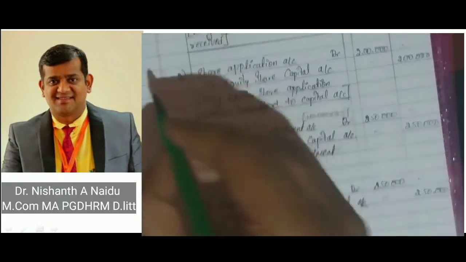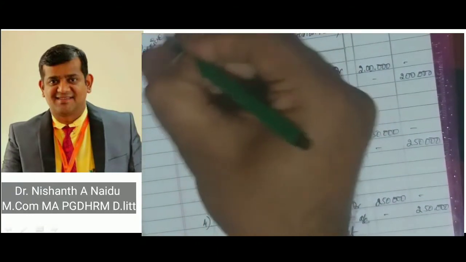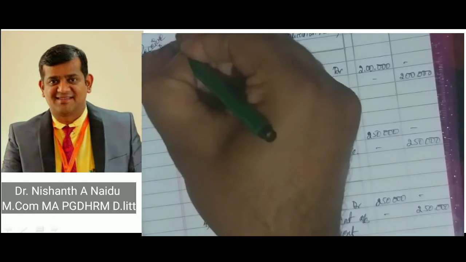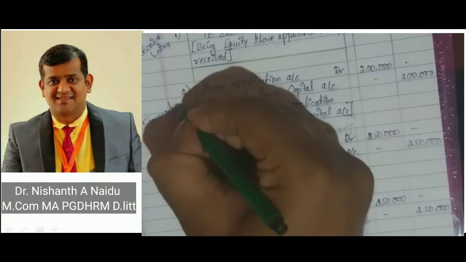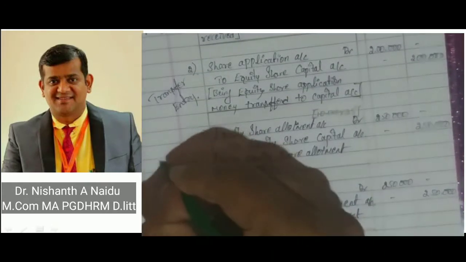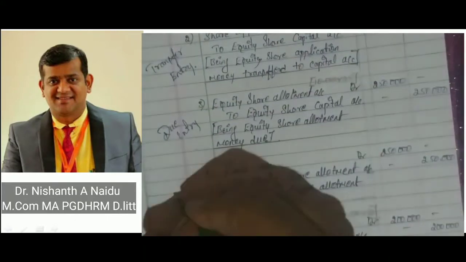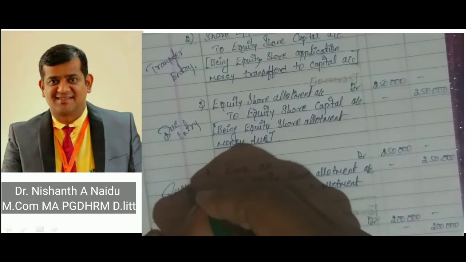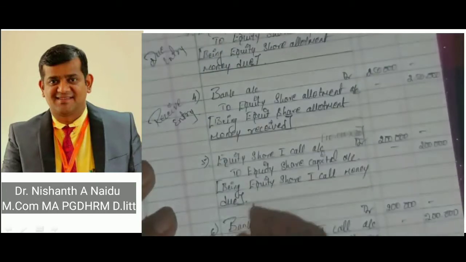See, this is a receive entry. Okay, this is transfer entry. Second one is transfer entry. Third one, due entry, that is allotment money due entry. Again receive entry, that is money received.